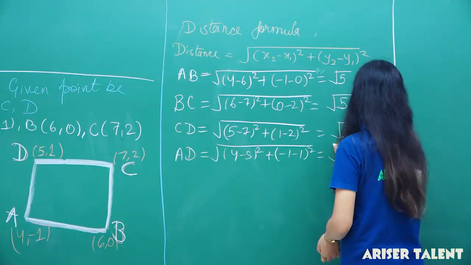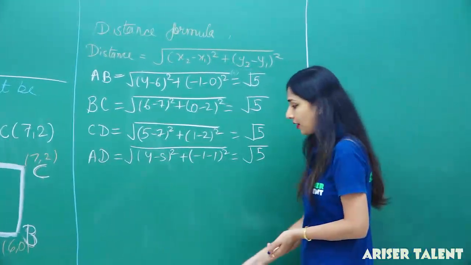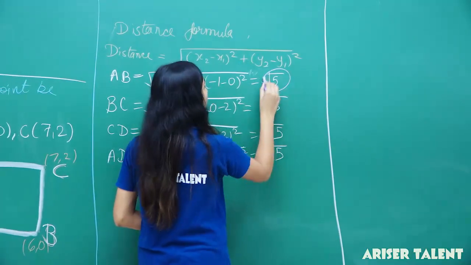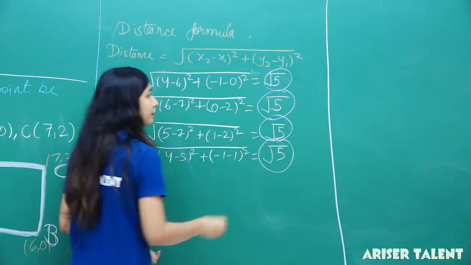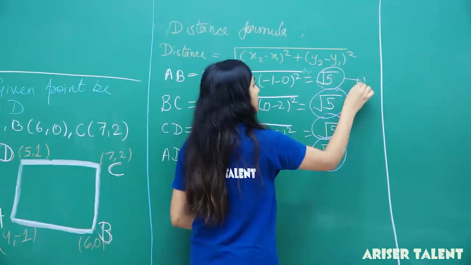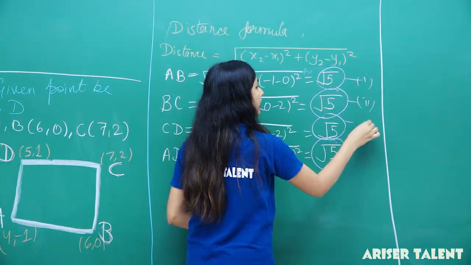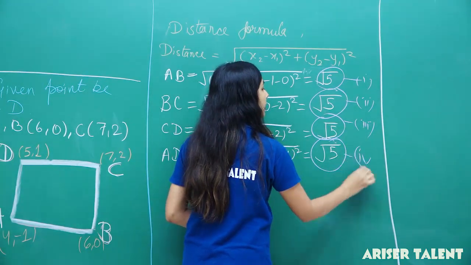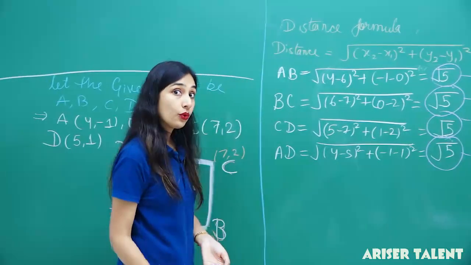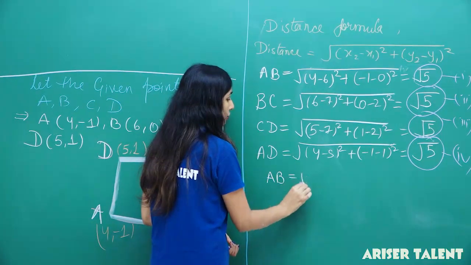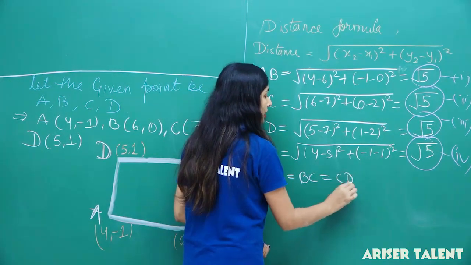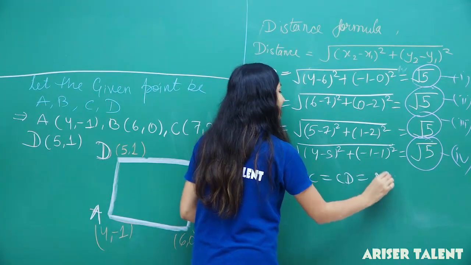So again root 5. Now look here, root 5, root 5, root 5, root 5. So surprisingly AB equals BC equals CD equals AD.